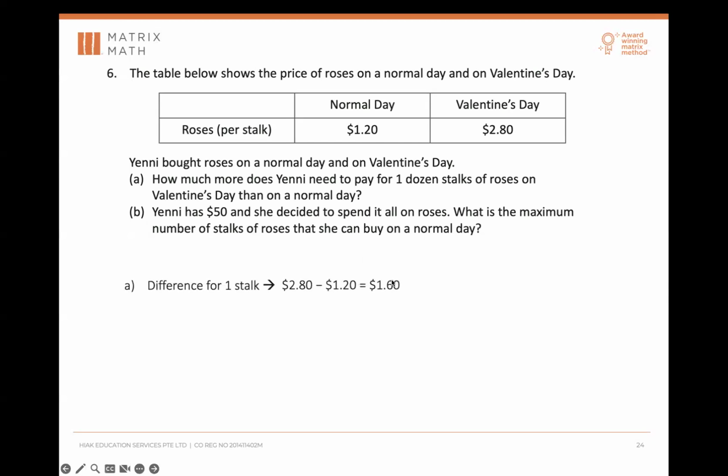That's for one rose, one stalk of rose. And Yenny buying 12. So times 12. So that is the total difference Yenny pay for 1 dozen stalks of roses on Valentine's Day and on a normal day.